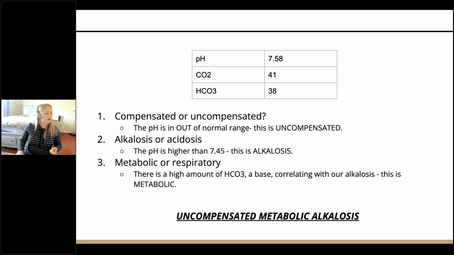What do you think? What is a typical patient that could present with a metabolic alkalosis? Any examples on your mind? They had an NG tube to suction, absolutely, pulling all of that hydrochloric acid out of the stomach. Or maybe they're losing it via vomiting.